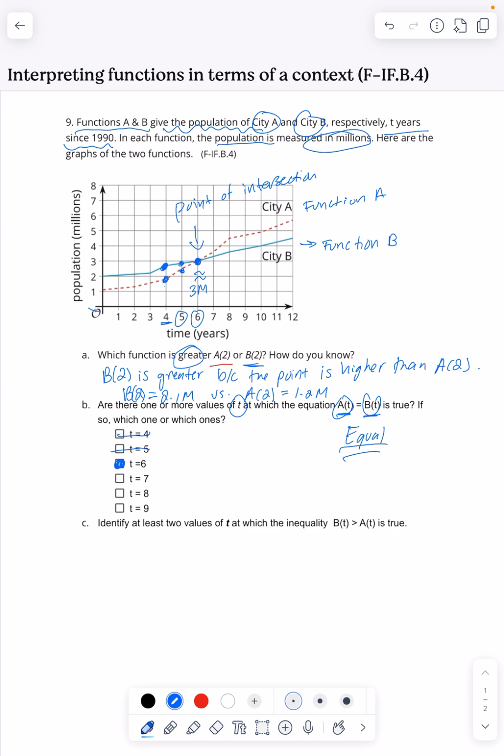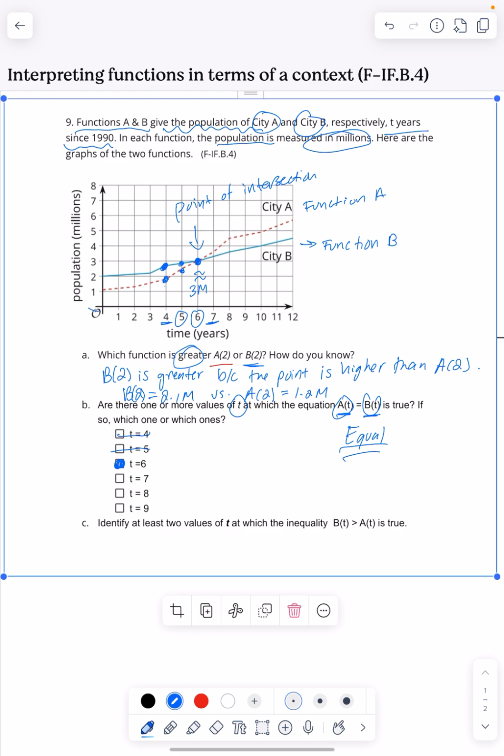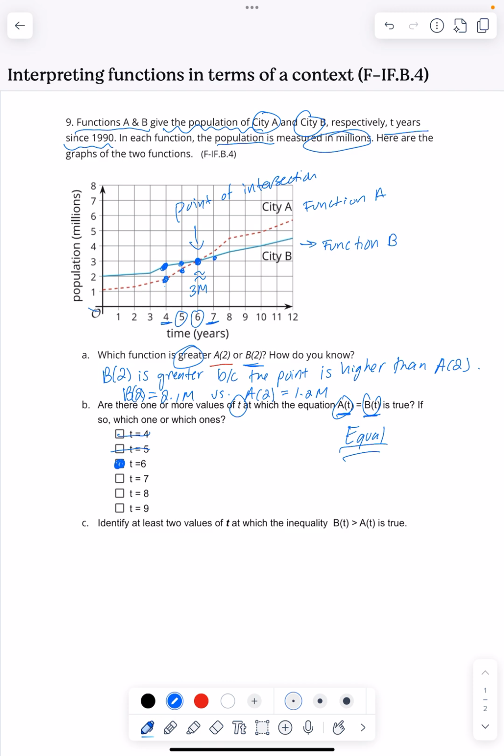Now t is equal to 7. We could see that in this case, they're very close in population, but not intersecting. So one is higher than the other. So that's not it. At t equal to 8, now we could see more separation. So that's not it. In this case, city A will actually have a higher population.